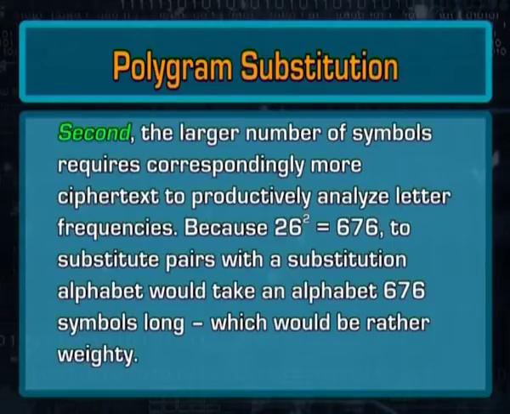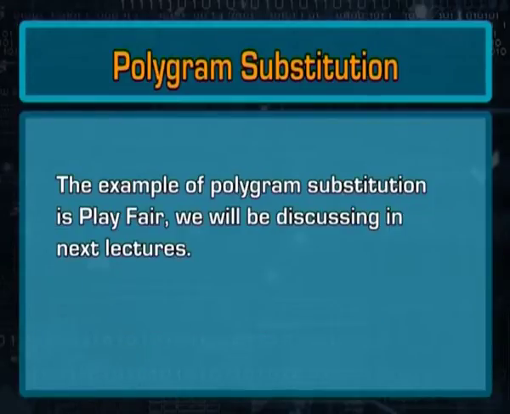Second, the larger number of symbols requires correspondingly more ciphertext to productively analyze letter frequencies, because 26 raised to power 2 is equal to 676. To substitute pairs with a substitution alphabet would take an alphabet 676 symbols long, which would be rather weighty. The example of polygram substitution is Playfair. We will discuss the Playfair in the next lectures.